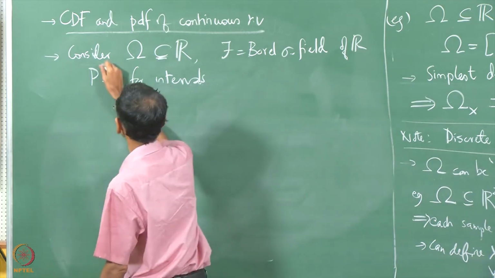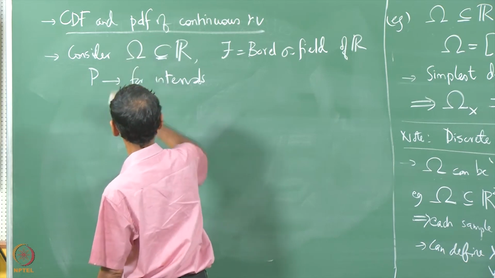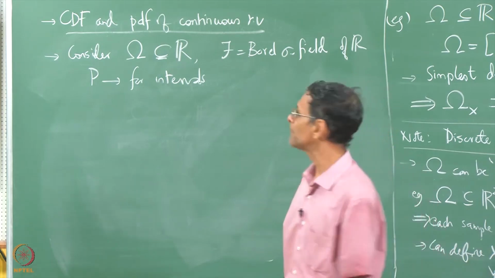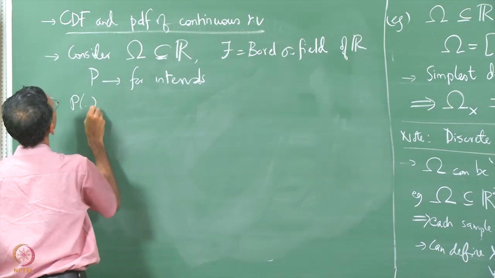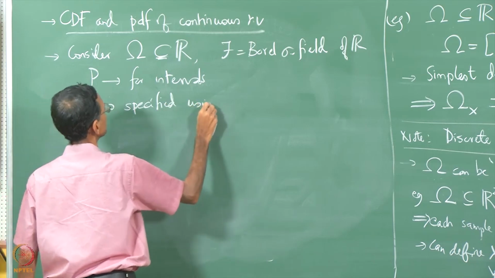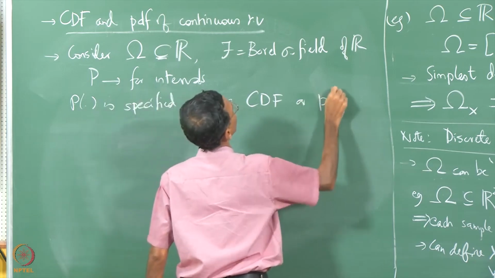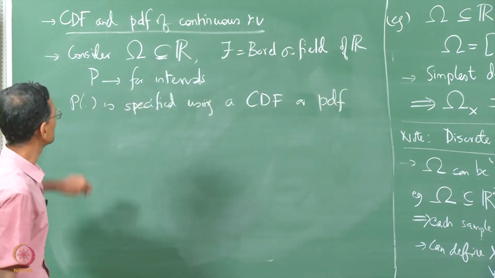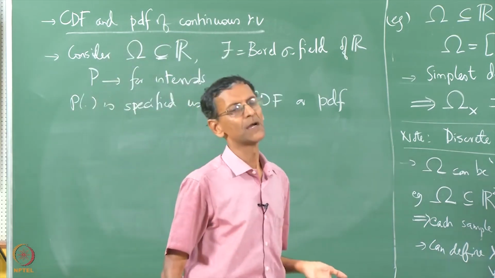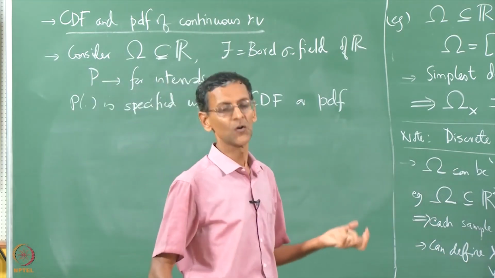So now we have the probability measure defined on intervals of capital omega, and let us say P is specified using either a CDF or a PDF, does not matter. In other words, we have our entire complement of omega, F and P, which is the basic probability experiment that is central to any construction of probability.